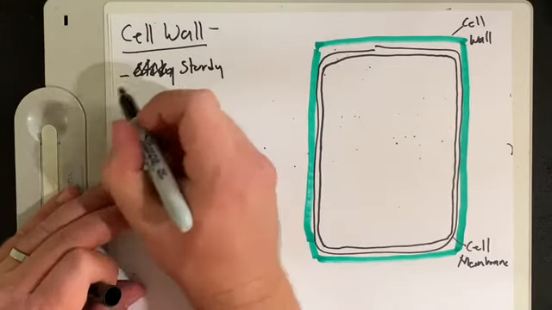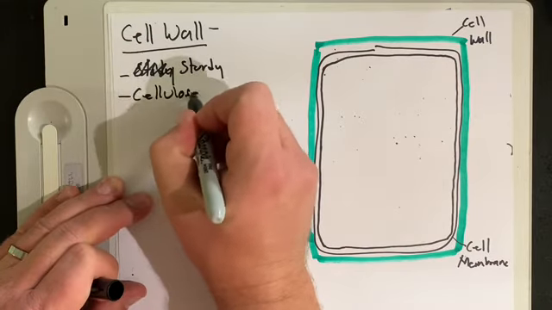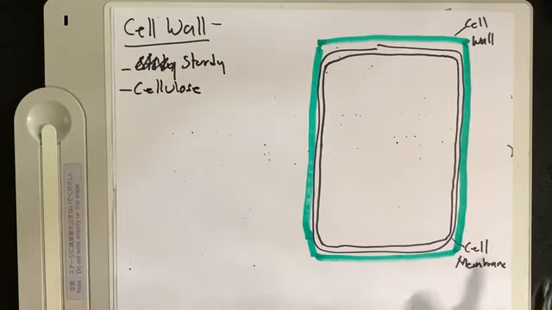It's made out of cellulose. If you remember when we talked about cellulose, it's a carbohydrate that has that special bond in it that can't be broken. And because of that special bond that can't be broken by our digestive systems, it makes it very strong.